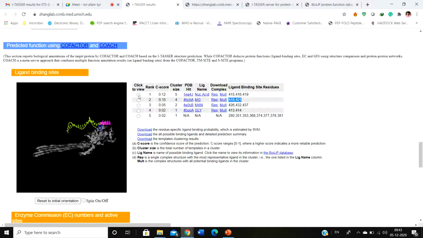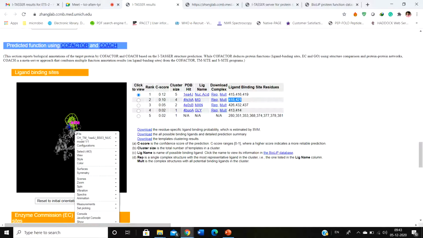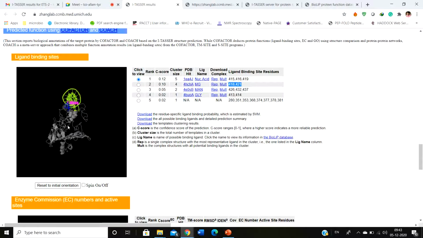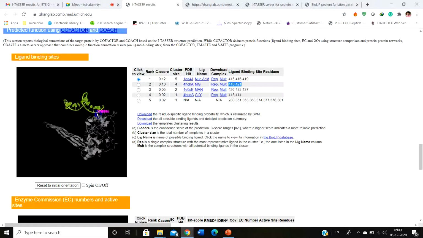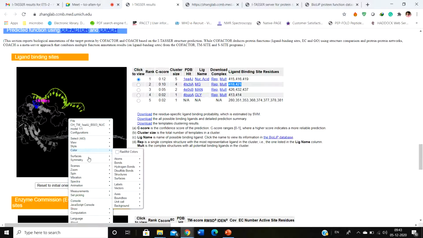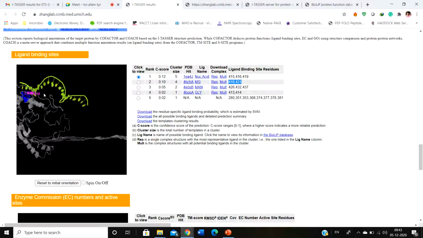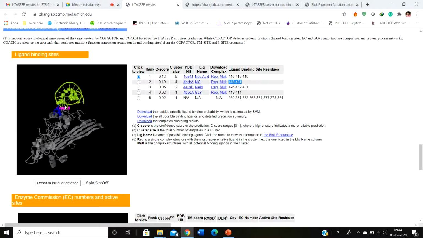Now to see the ligand binding site, you can see a number written here. That number is the ligand binding site with 415, 416 and 419. It shows on the side.